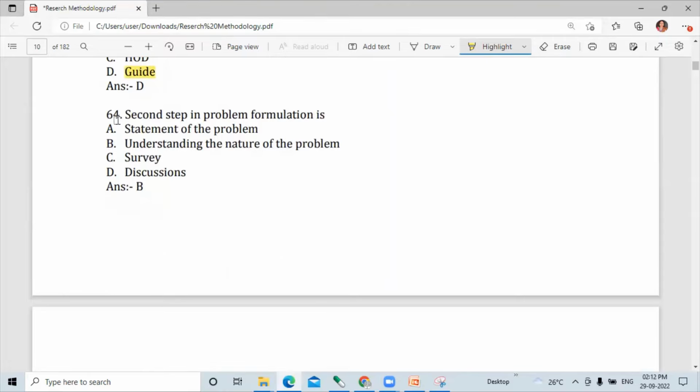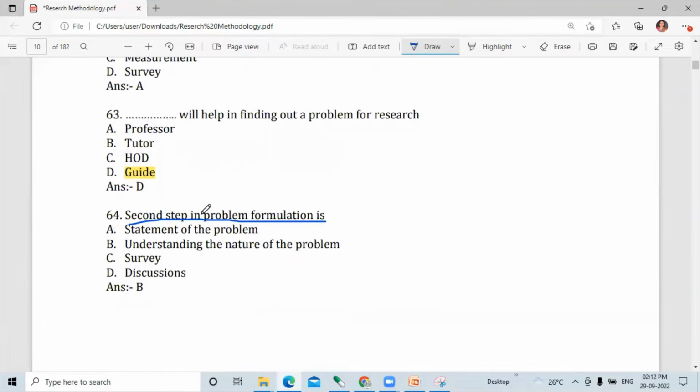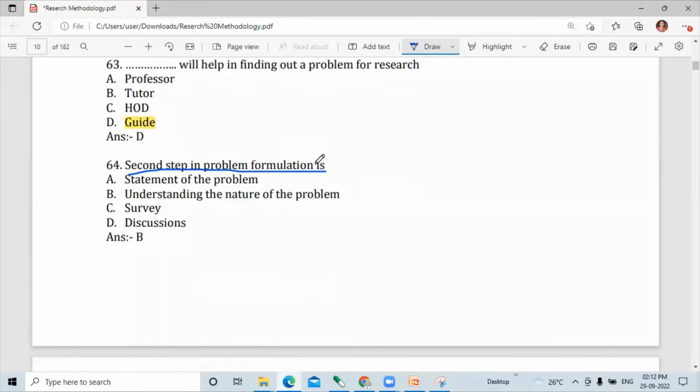The next question, 64th question, second step in problem formulation. The first step we have discussed here, statement of the problem. And here they have asked the second step in problem formulation. So what is the second step?